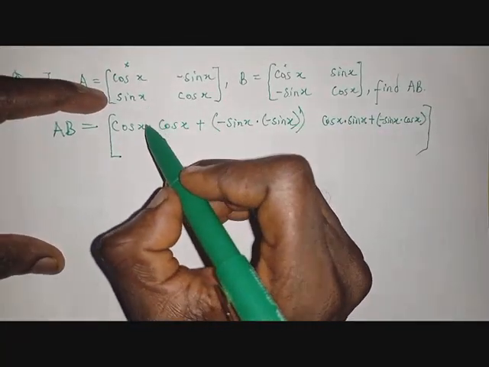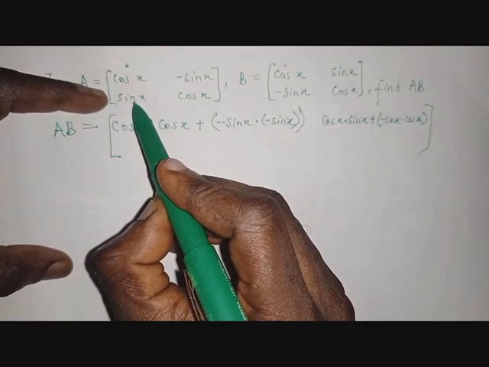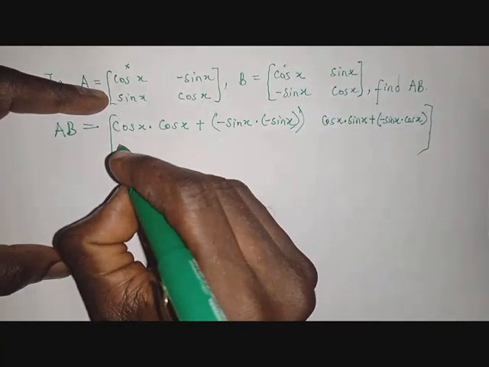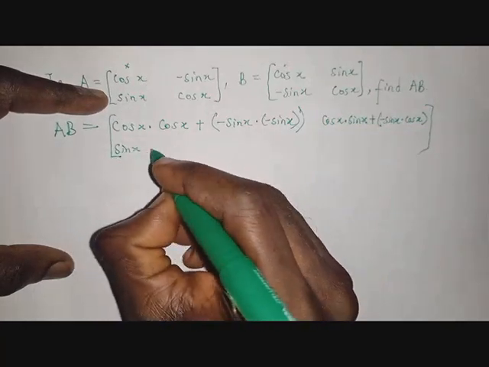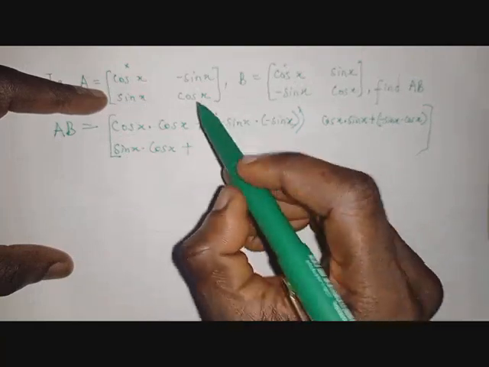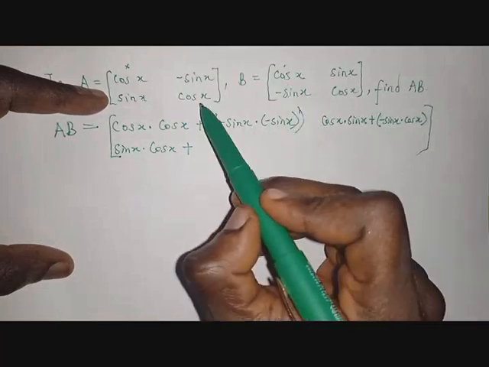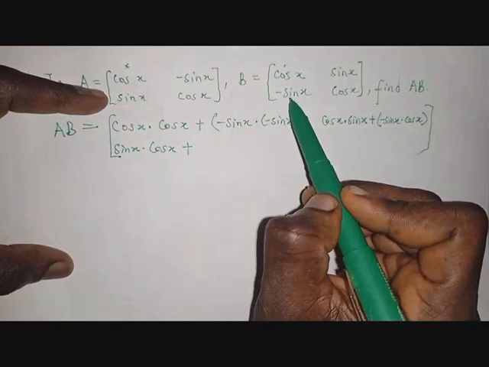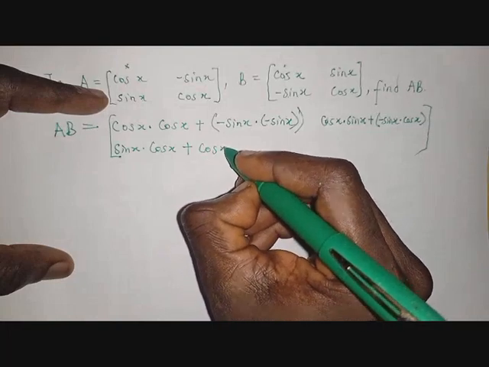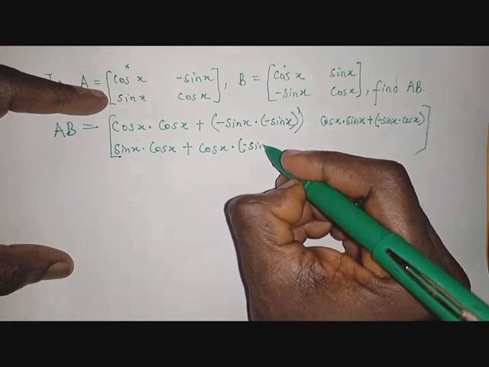So we'll go to the next row and column. For row 2, column 1, we're going to do sine x times cosine x, so that's going to give us sine x cosine x, plus cosine x times minus sine x.